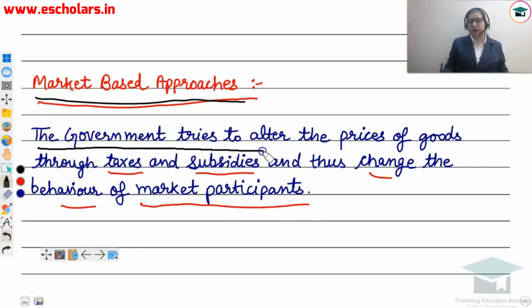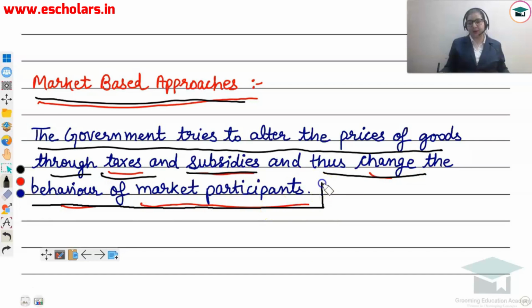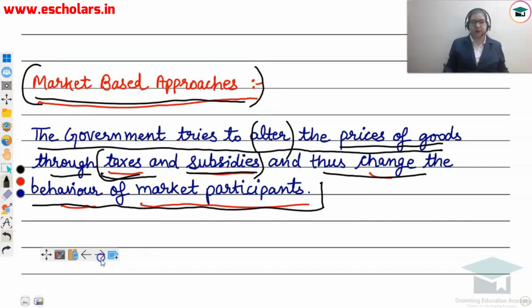The government tries to alter the prices of goods through taxes and subsidies and thus change the behavior of market participants. So basically through taxes and subsidies, the government can change the prices of goods in order to change the behavior of market participants. This is all included under market-based approaches.